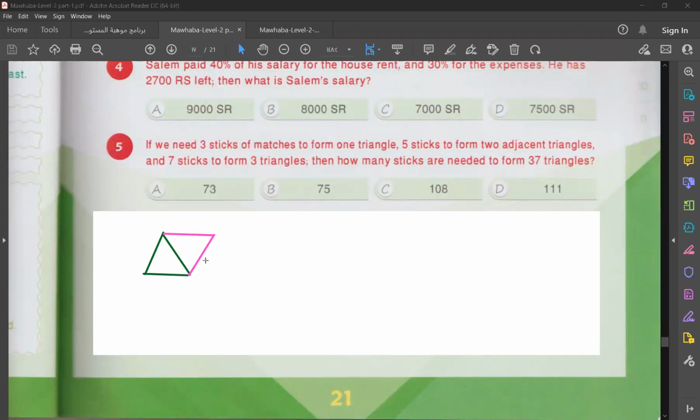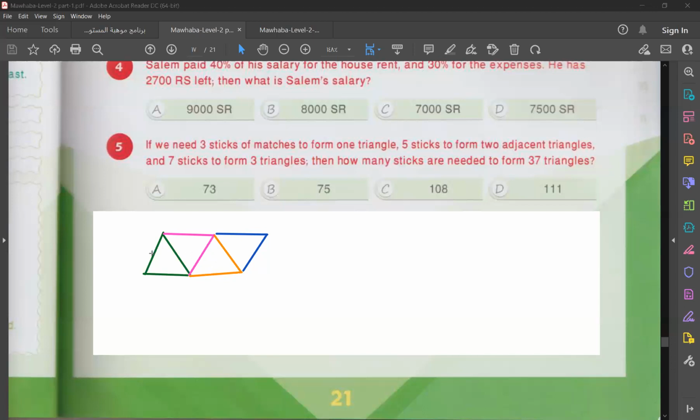We need only 2, right, to form the second triangle. Now I also want to draw the third one. We need also 2, right? The fourth one, how many sticks do I need to draw the triangle? 2, right? So for each triangle I need only 2.